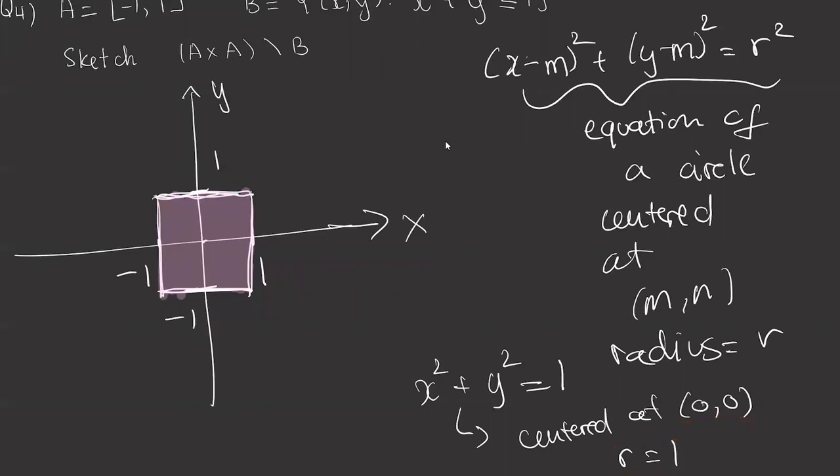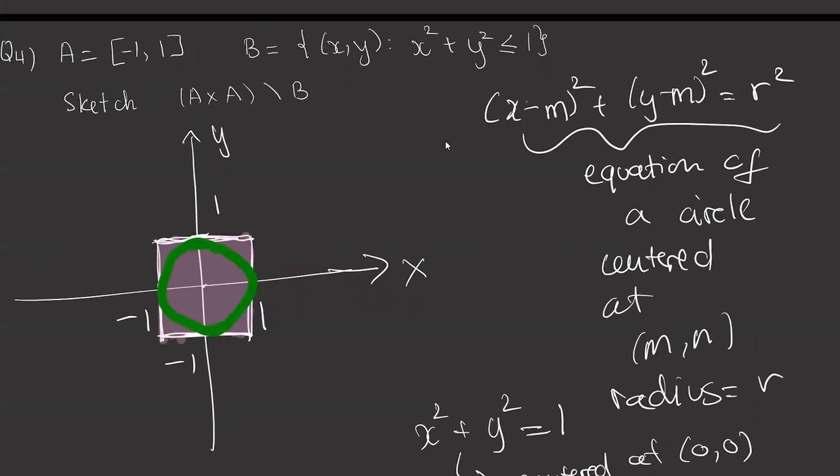So if you draw it like this, can you see it here? Okay, and it looks so ugly. So this equation here, x squared plus y squared equals 1, is actually this circle.